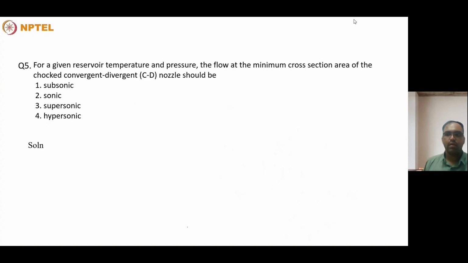Okay. For a given reservoir temperature and pressure, the flow at the minimum cross-section area of the choked convergent divergent duct nozzle should be subsonic, sonic, supersonic, or hypersonic.